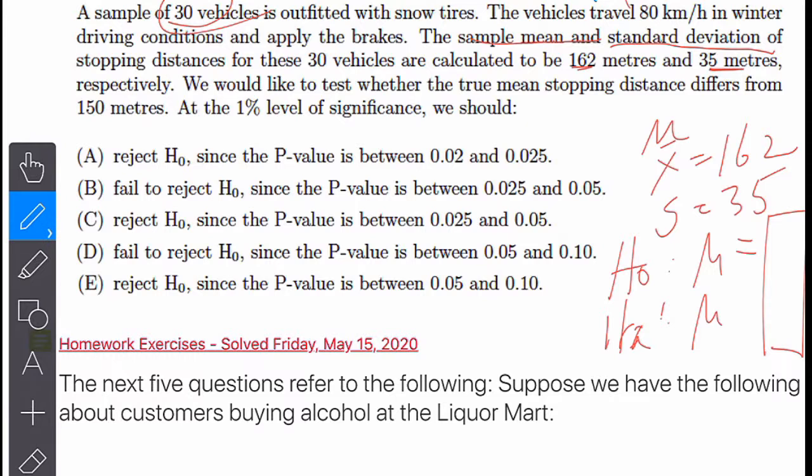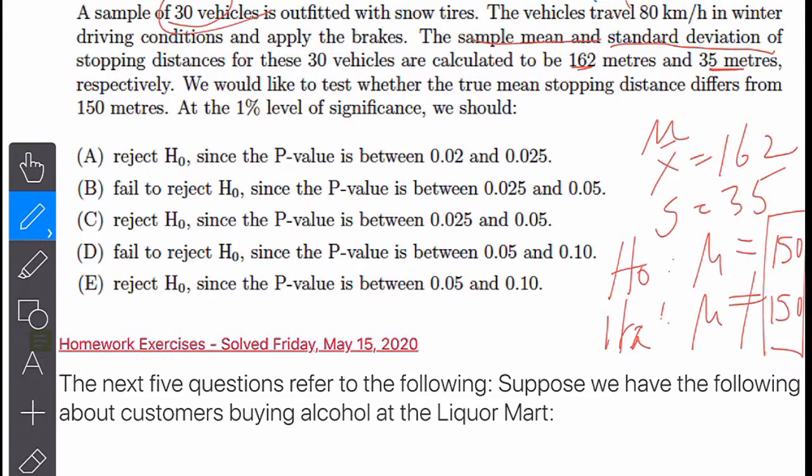So the mean is the 150, the true mean, you see? True mean differs from 150, so that's the statement of the status quo, 150. And then whatever I put here, I put there. And then differs means not equal, so that's the test I'm going to conduct.